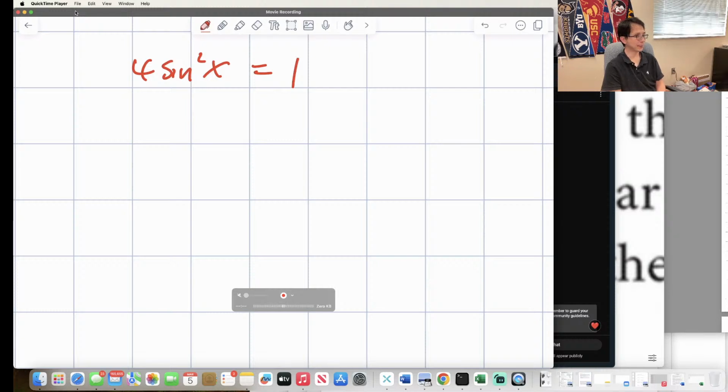It matters. Now, this time, I don't want you to write the general solution. I want you to find the particular solution, which is all the solutions between 0 and 2 pi. I don't care about outside anymore. So you don't have to write down 2n pi anymore, or n pi.